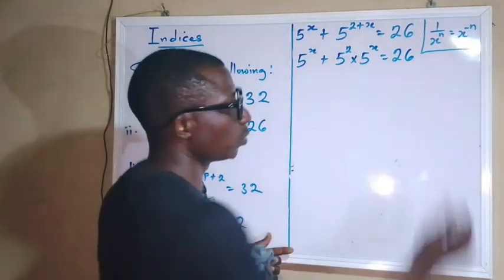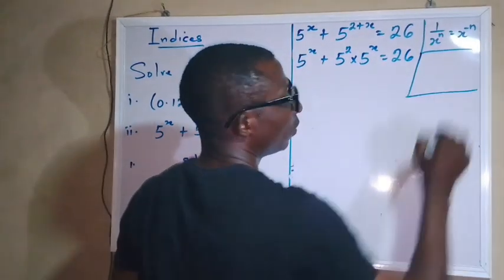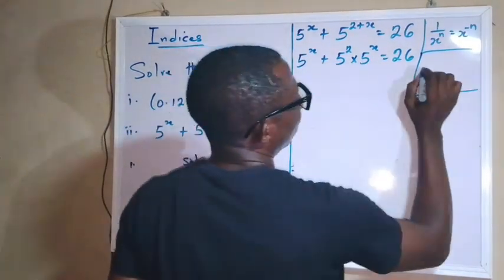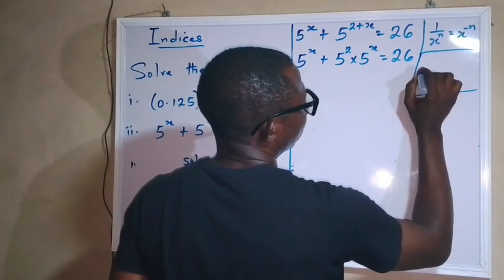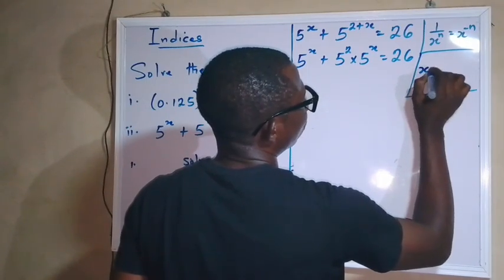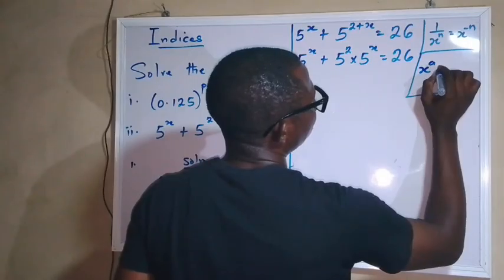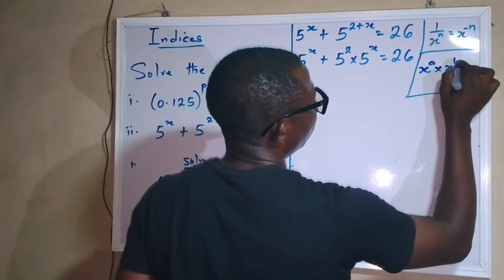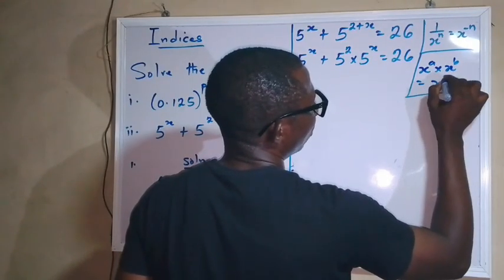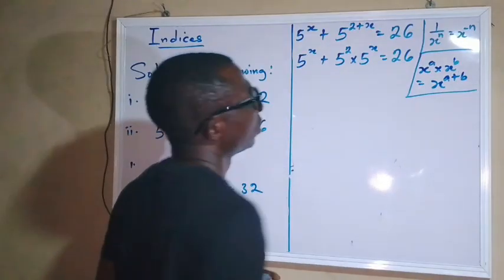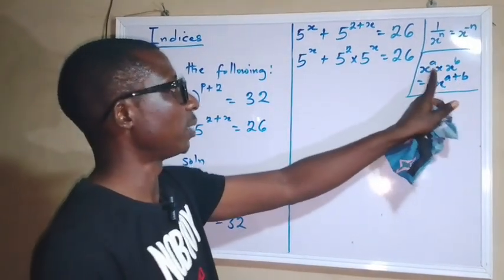We know that one of the laws of indices is this: x raised to the power of a times x raised to the power of b is the same thing as x raised to the power of a plus b. So if we have it this way, we can turn it to this.